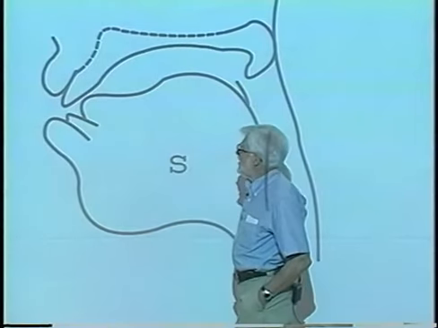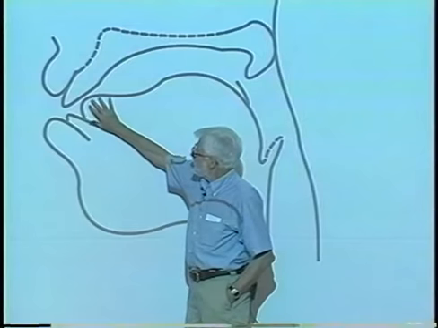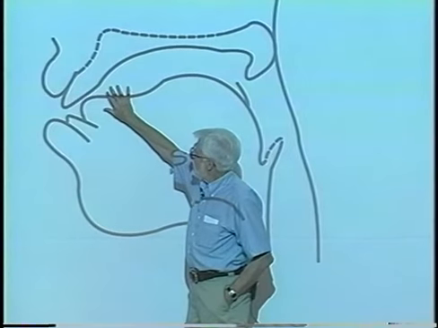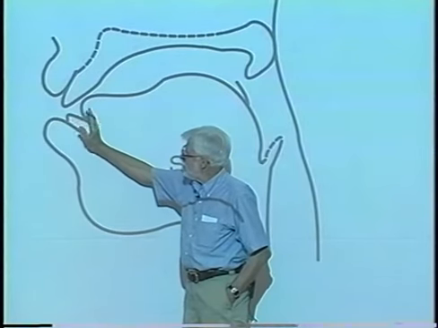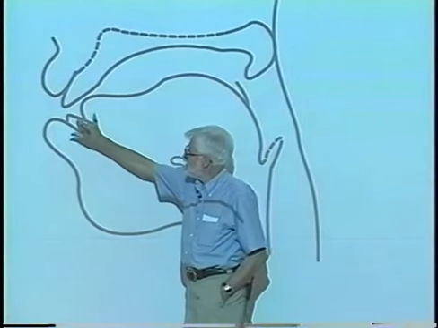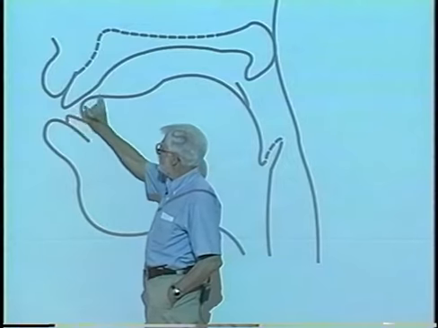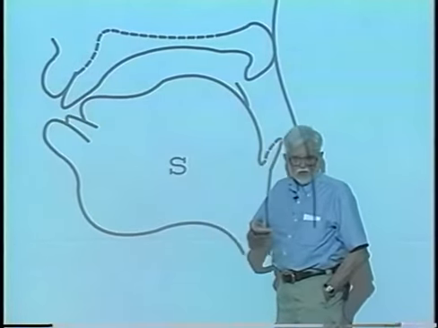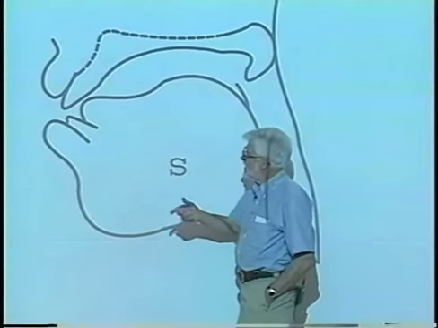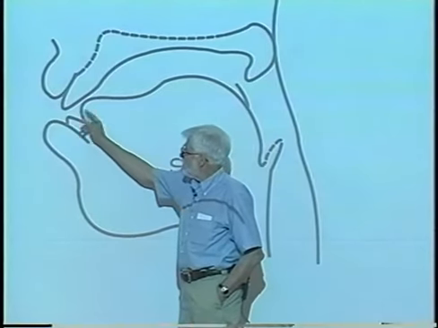Now if you move this constriction back a little bit, the back cavity shortens, the front cavity lengthens, and you may shift from a situation where this is the fifth resonance to one where it's the fourth or perhaps the third resonance. Due to coupling of these, that shift will be a fairly abrupt shift.